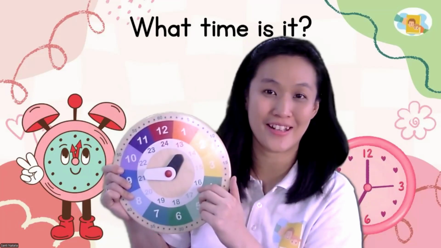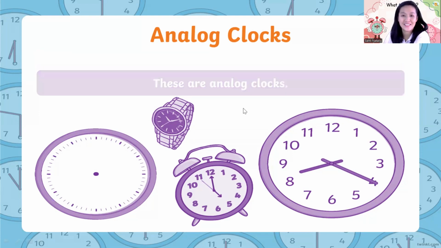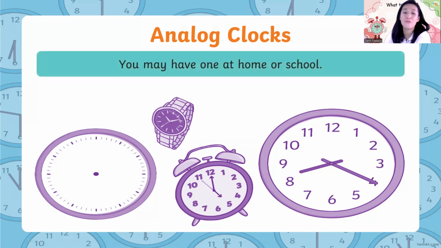Yeah! Let's get started. These are analog clocks. Can you say analog clocks? Maybe you have one at home or school. Can you look around you? Can you find one analog clock?